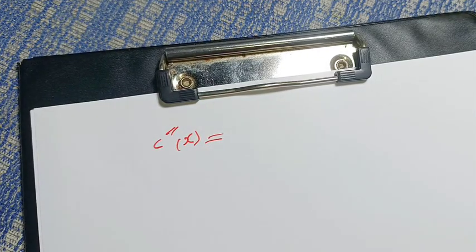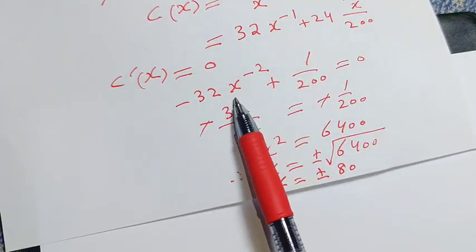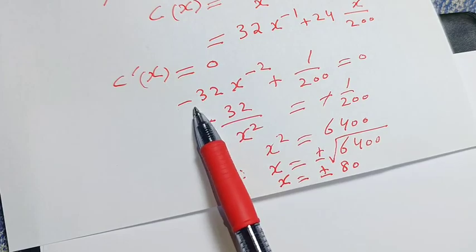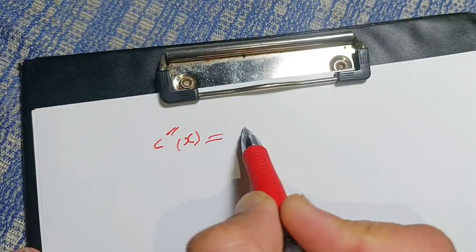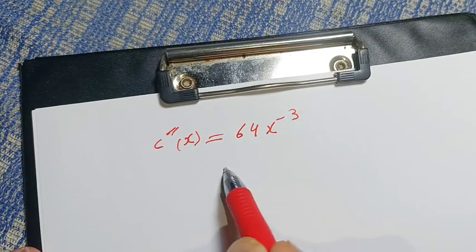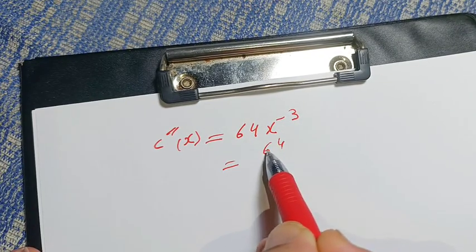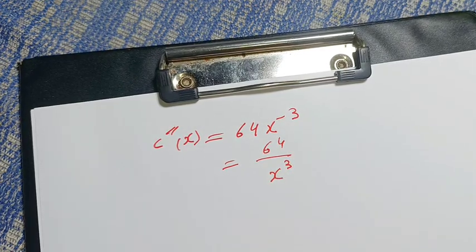The negative becomes positive, 64 x to the power negative 3, and I can change it to positive exponents, and this is my second derivative.